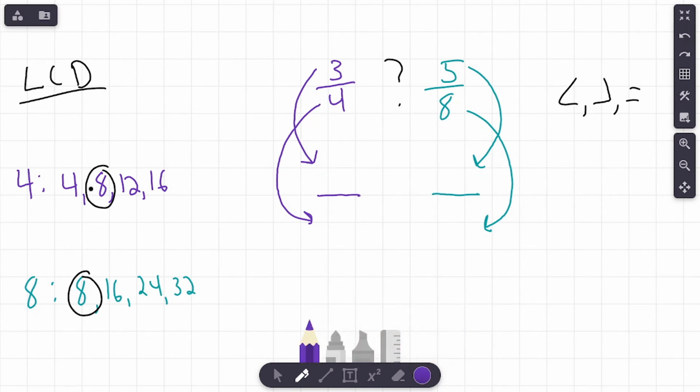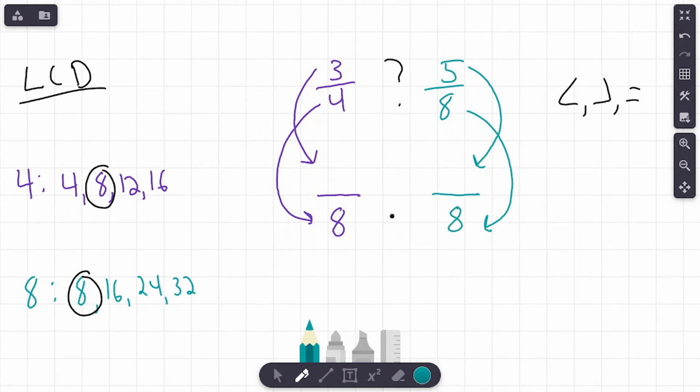Do you remember what that information tells us? Well, what that information allows us to do is create equivalent fractions over here. So our equivalent fraction for 3/4 is going to have a denominator of 8. Our equivalent fraction for 5/8 is going to have a denominator of 8.